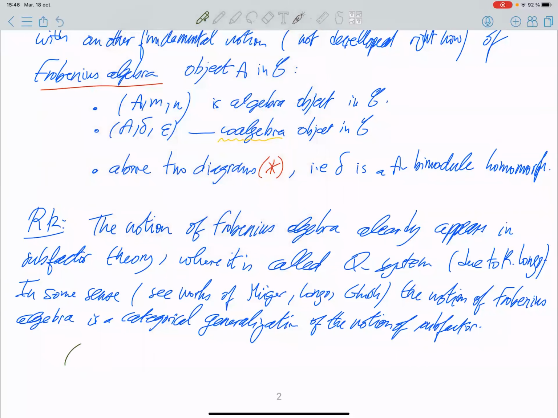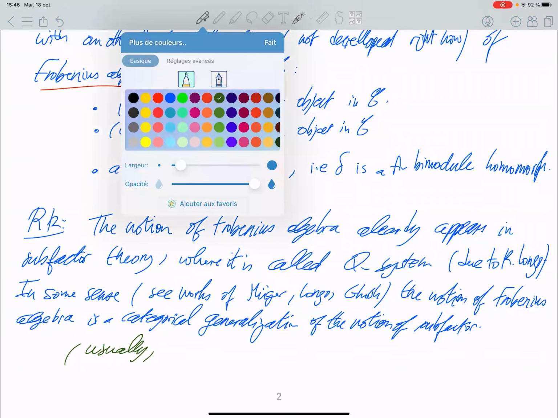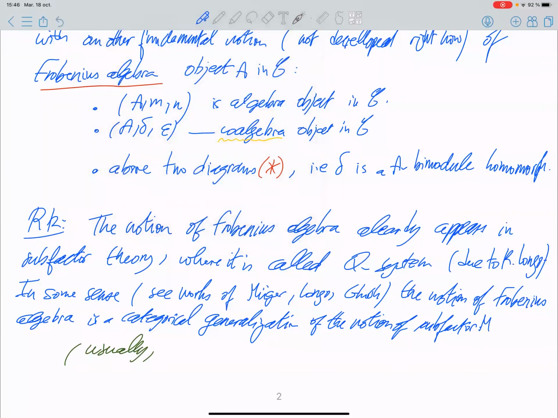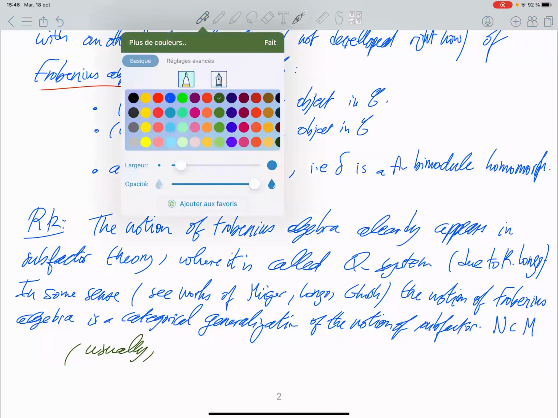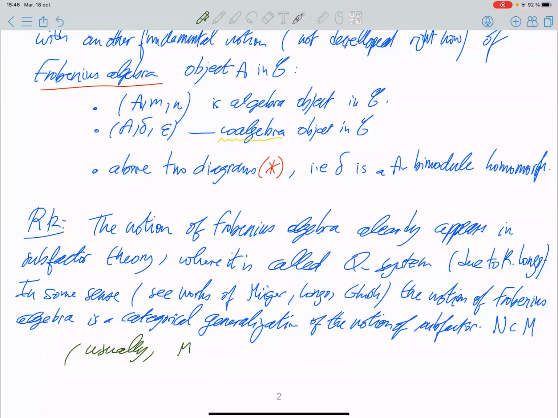So usually the notion of subfactor is an inclusion of factors N in M. And usually in the framework of Longo you can consider type II-1 factors, type III-1 factors. You don't need to care about that if you don't know factors, von Neumann algebra theory.